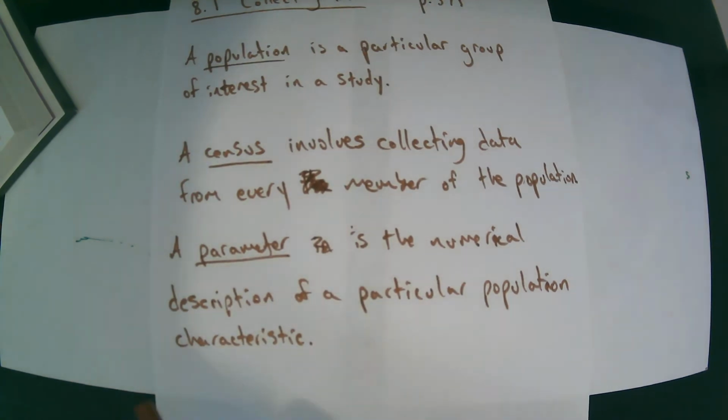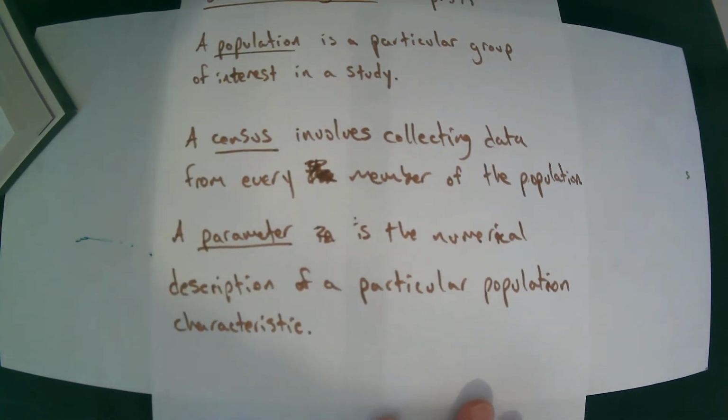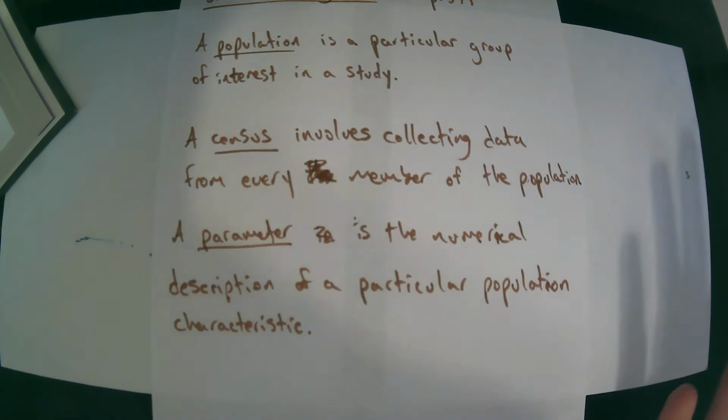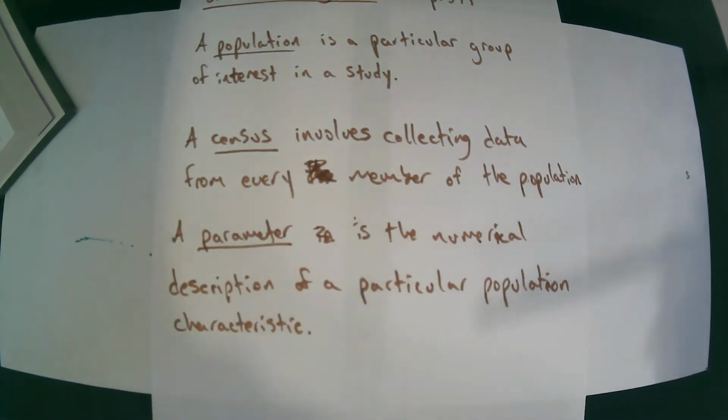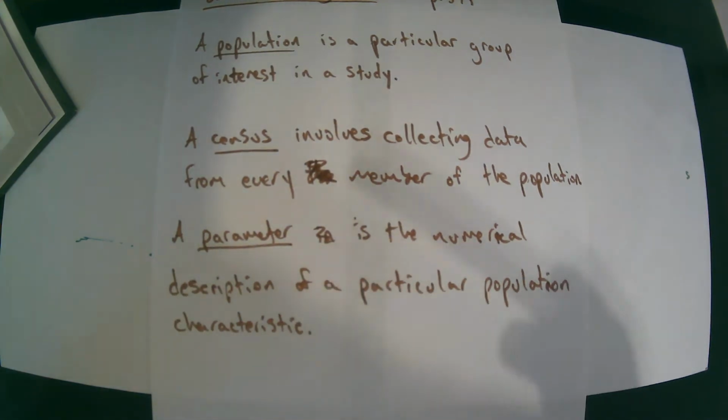So you give some kind of characteristic of the population that can be measured numerically, meaning with a number, and that's a population parameter. We can just say a parameter for short, but the most correct way of saying it is a population parameter.